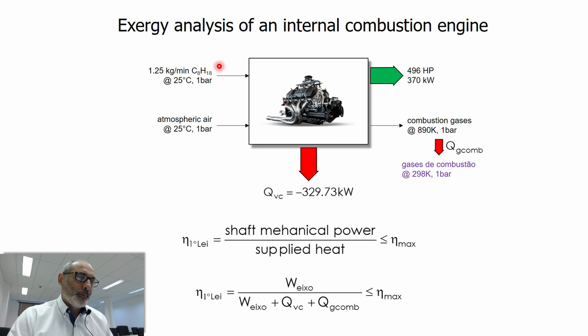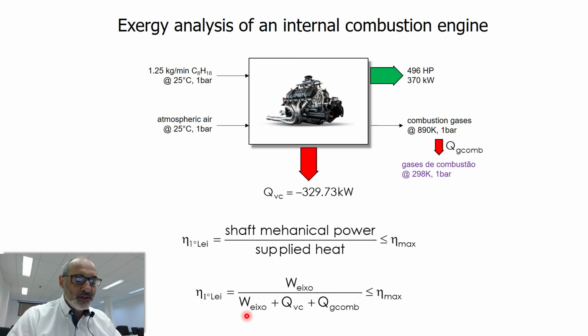I can calculate from the heat content of the fuel, but I also can make this energy balance here, because the total supplied heat is equal to what I have here as shaft power, plus what's being removed here, plus what's associated with these combustion gases here.